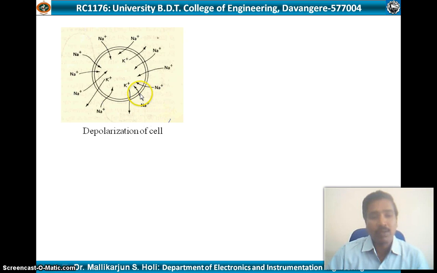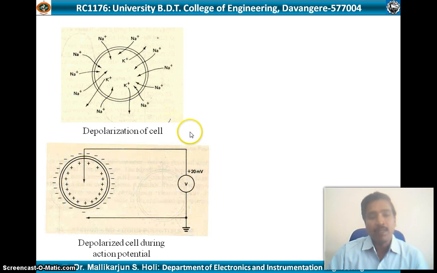The sodium ions move at a higher rate into the cell. At the same time, the potassium ions start to move outside, but the movement of potassium is not as much as that of sodium. Due to this, a large number of sodium ions accumulate in the cell, and the cell becomes more positive inside and less positive, that is negative, outside.